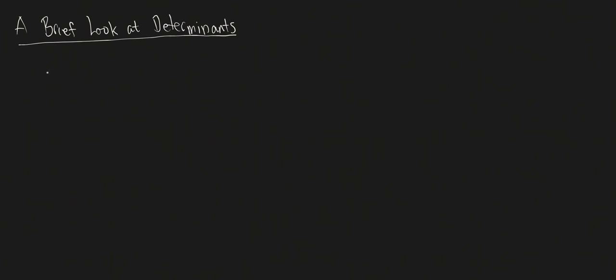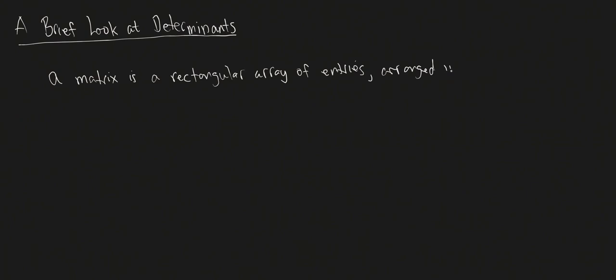So I'm going to define what a matrix is. A matrix is a rectangular array of entries, and these entries are arranged in rows and columns.